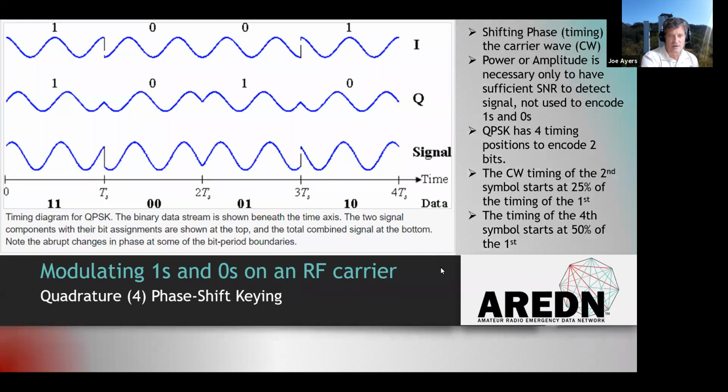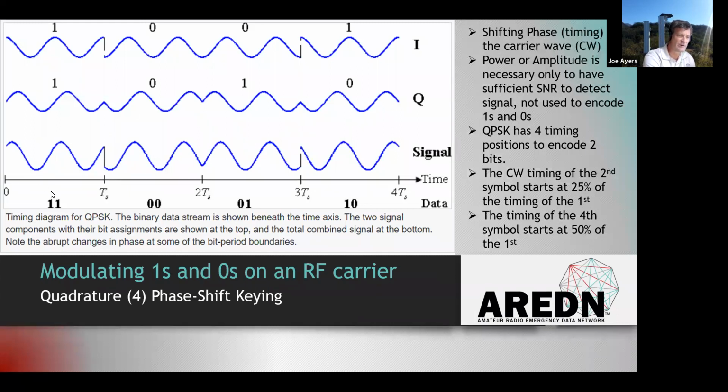So let's take a look at a way of modulating digital information on a carrier wave. This bottom line here is a representation of the carrier wave, and it's a sinusoidal wave at a given frequency.